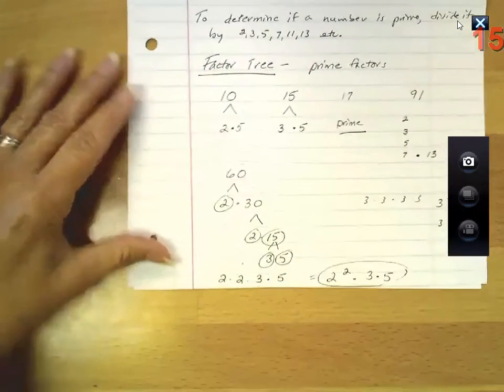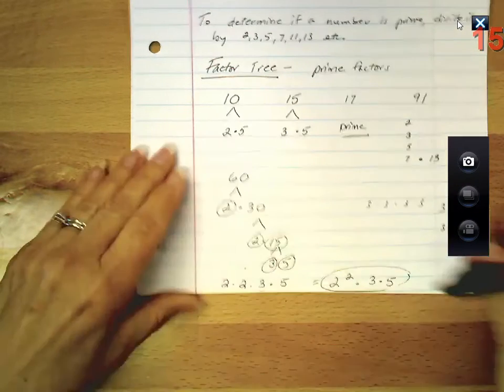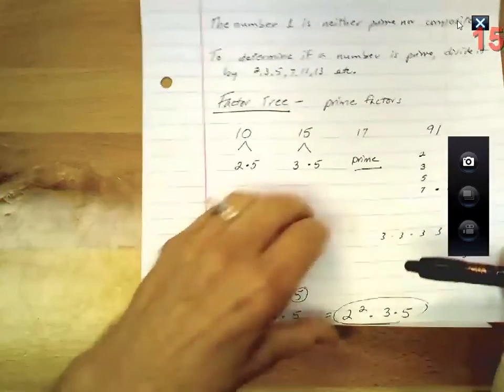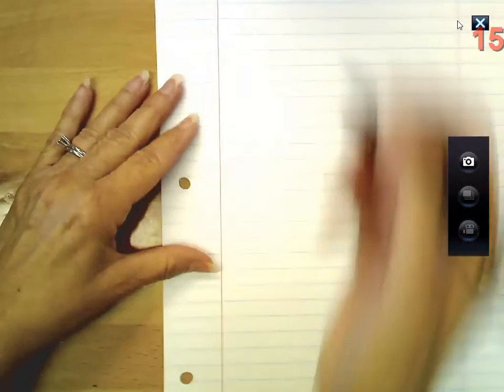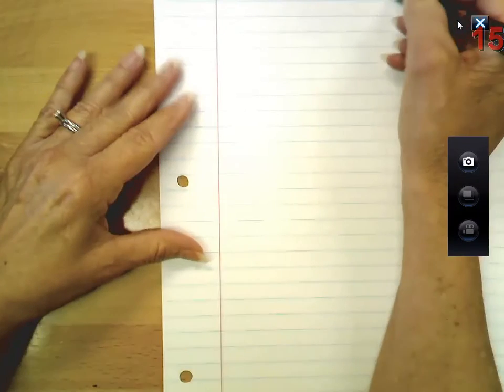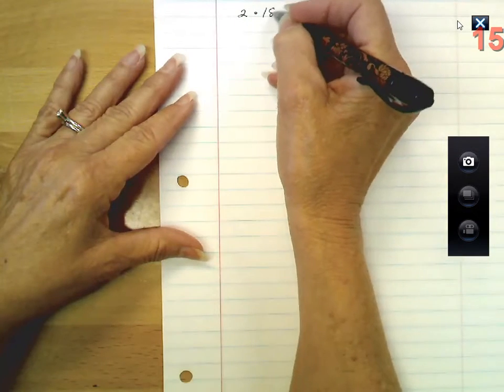Now, you might see another way to do it, and I want to show you this one, if you have to find the prime factors. Let's say we had a 36. Now, some people might say 2 times what? 18?